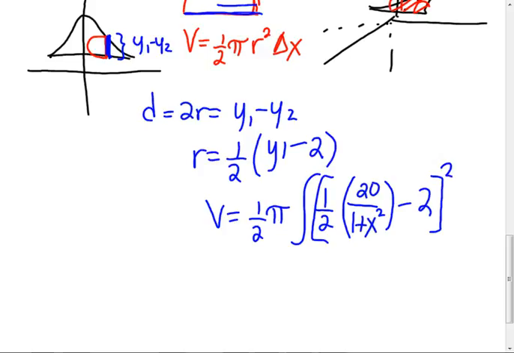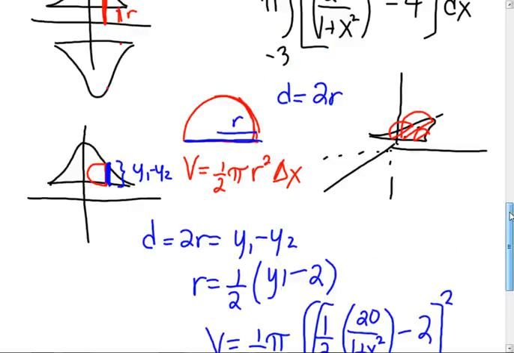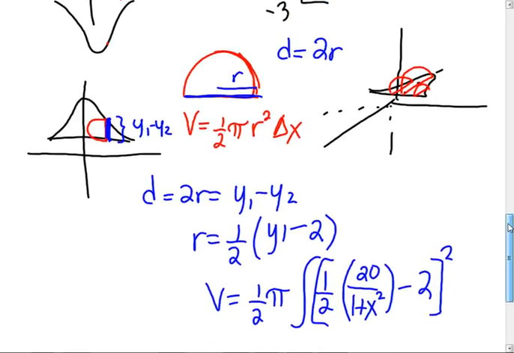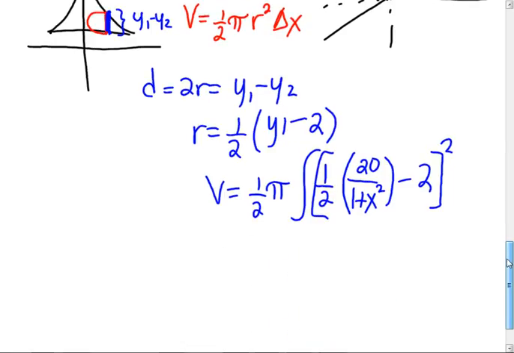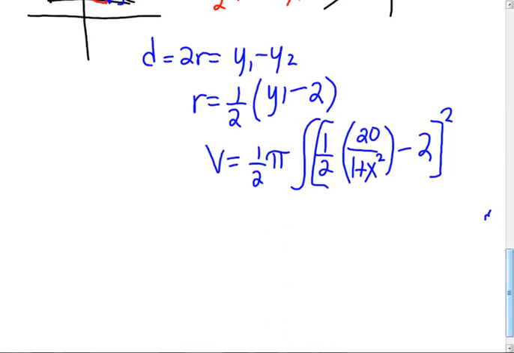Because the diameter is y1 minus y2, but the radius is half of that. I've seen this on the exam, where you have to get the radius, and you have to take half of these y values. I just want the radius. So the diameter is this, so the radius is half of that. And I have to square it, and it's dx.